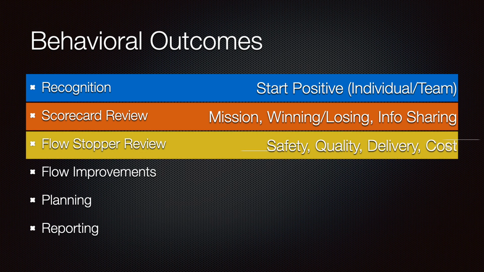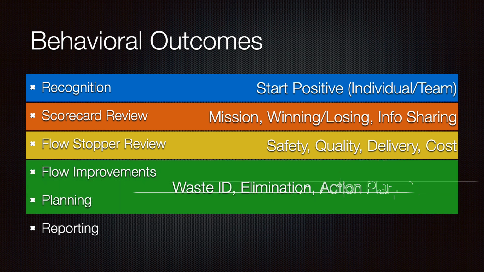The flow stoppers, again, that's where you focus on things like safety issues, quality defects, waste that hurts your delivery, waste that hurts your cost, and making sure that you are truly identifying waste within your processes. And then we want to talk about what do we do with those issues, those wastes that you've identified?